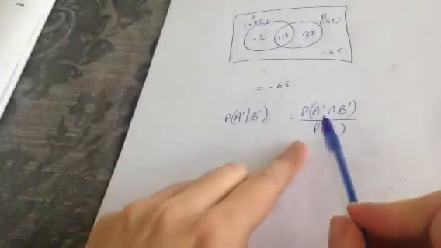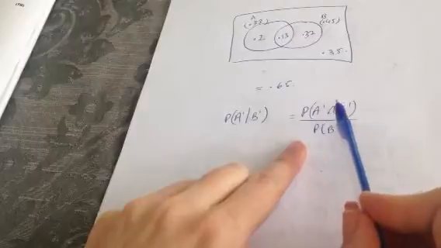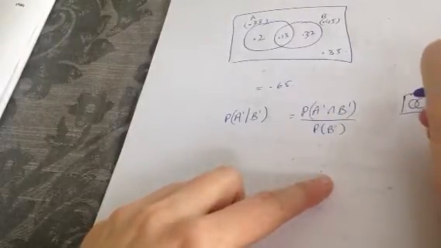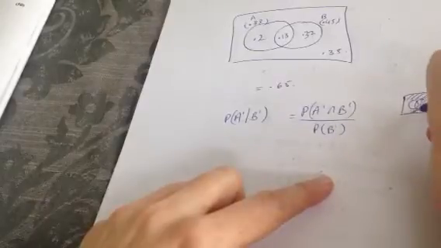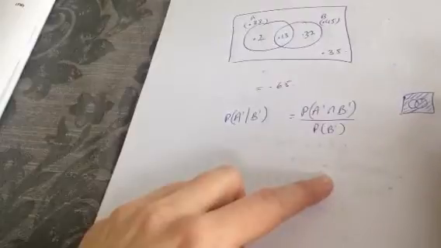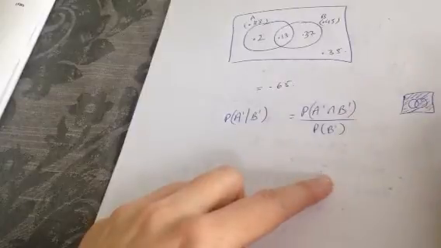So where does A not happening intersect with B not happening? Well, A not happening, or A complement, is that. B not happening is that. Where do they intersect or cross over? Well, it's out here.